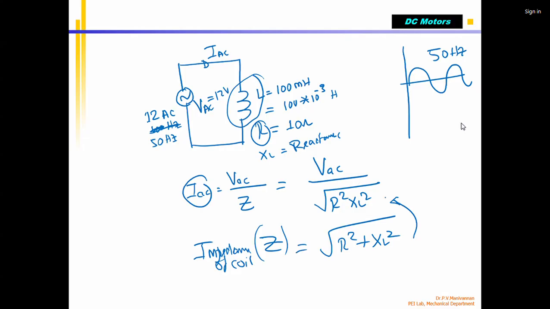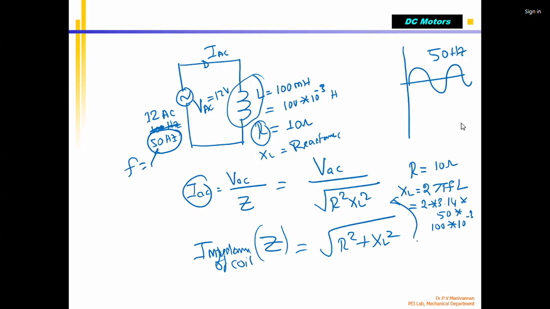Now we can calculate. R equal to 10 ohms, as we said already. XL equal to 2 into pi into f into L, that is 2 into 3.14 multiplied by f. Here I am applying an AC frequency f equal to 50, and L equal to 100 into 10 power minus 3.